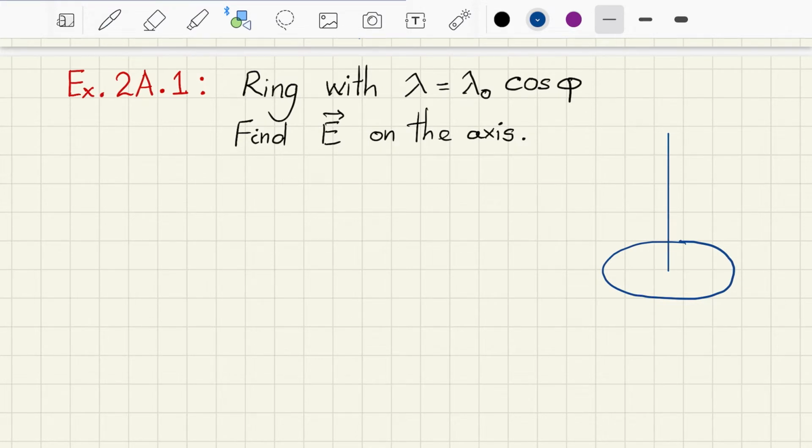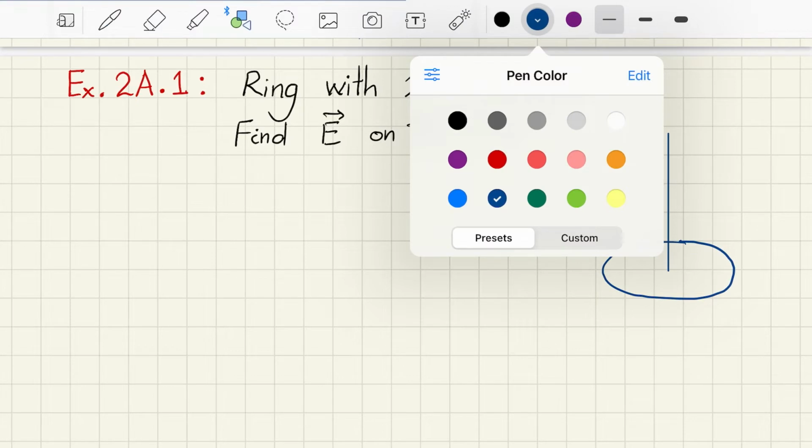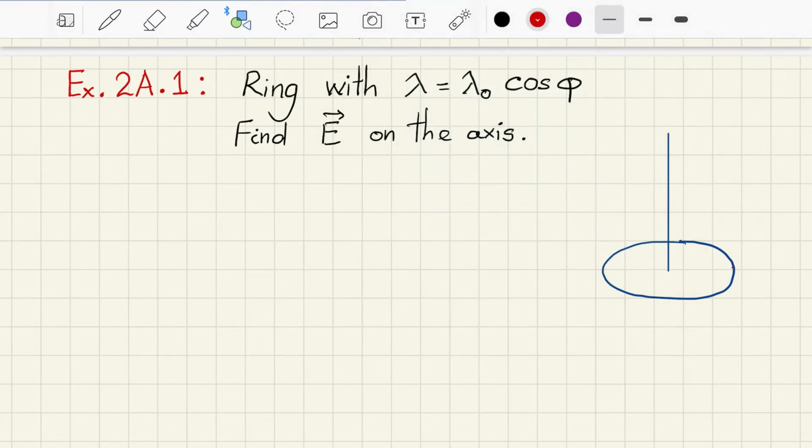Let this be the source dl, and I'll write down here, this is, let's say, dl prime. So the charge is lambda dl prime. And where I want the field point is, let's say, here.